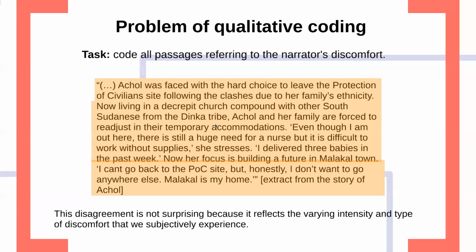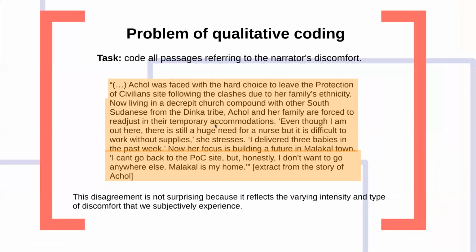I'm talking about coders: for some coders, the threshold level for discomfort is higher than for others, and it's not possible to objectively draw a line and say this is not discomfort, it's still comfort, and this is already discomfort. So it's impossible to get rid of subjective reading of the text, because we humans read subjectively. So how do we cope with this problem?